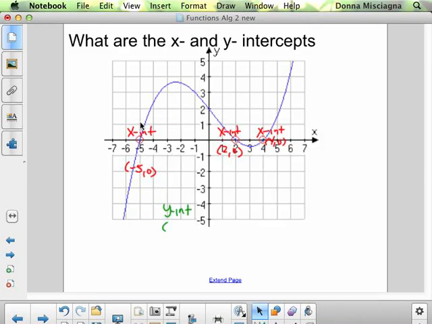I don't even know how I touched that. There is a button you can use to keep cloning things, but I don't think I hit it. There's the y-intercept, (0, 2), and it does not want to move.